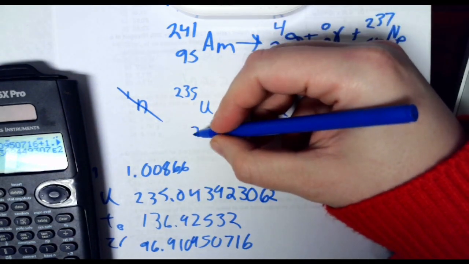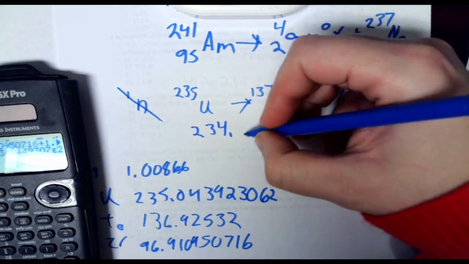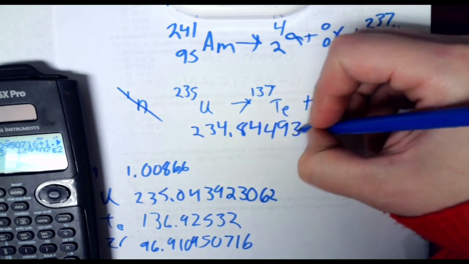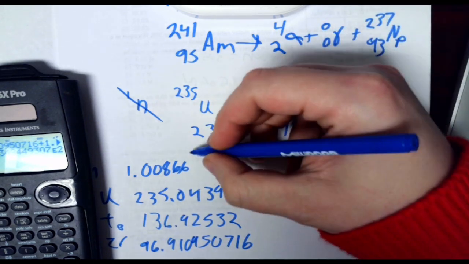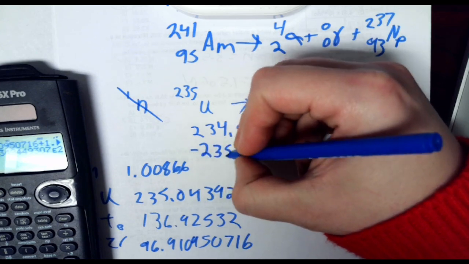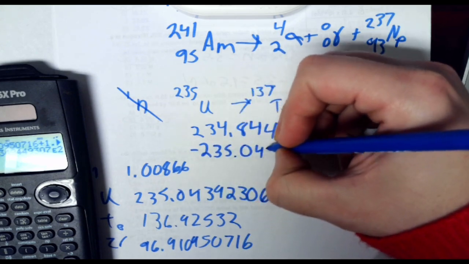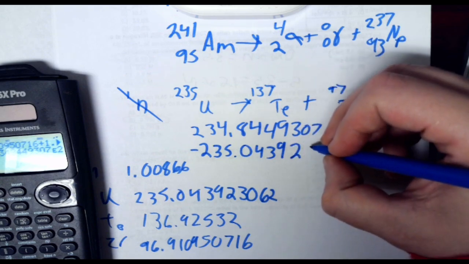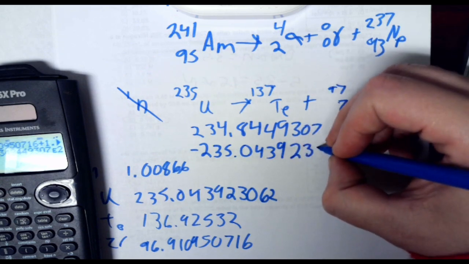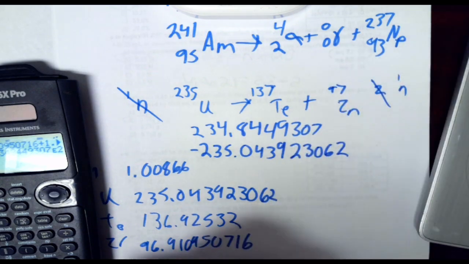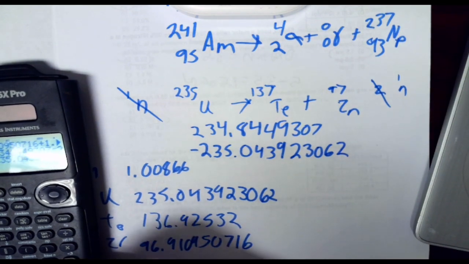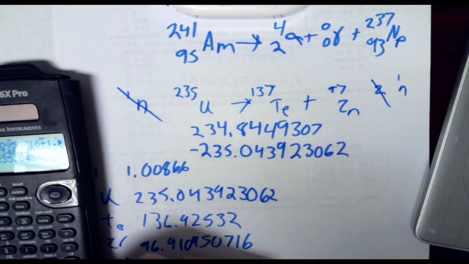So the products are 234.8449307, and I'm going to subtract out 235.043923062. Minus out that 235.043923062.